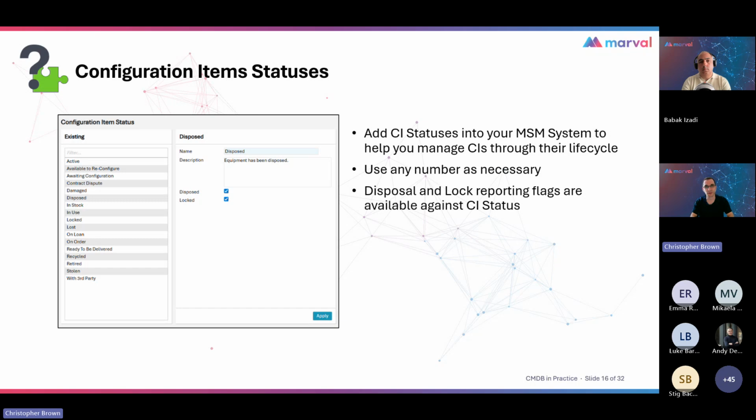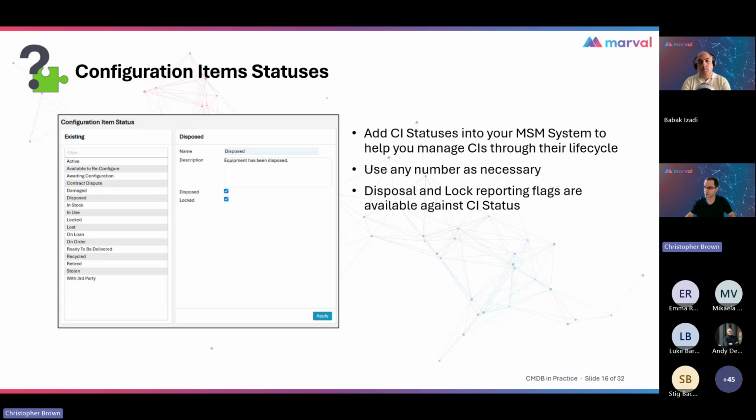Of course, the administrators of this system reserve the right to change to whichever status is necessary to correctly identify the asset. And you will notice on the left-hand side there that I've selected the disposed asset in this example, but I've also triggered some reporting flags for disposed and locked statuses. These are just additional reporting options that you can have in order to correctly search for and report on your assets.